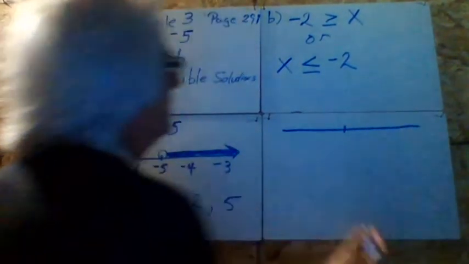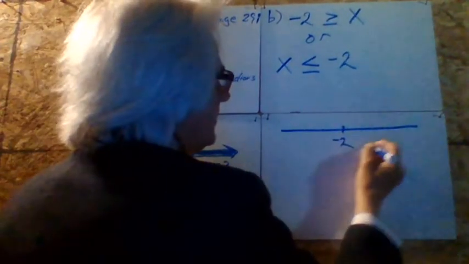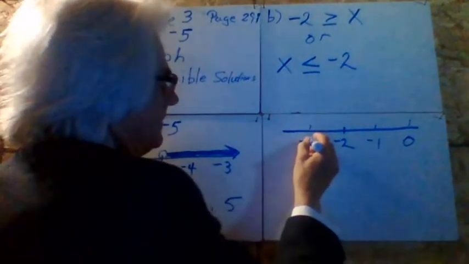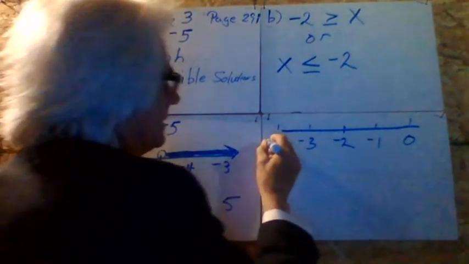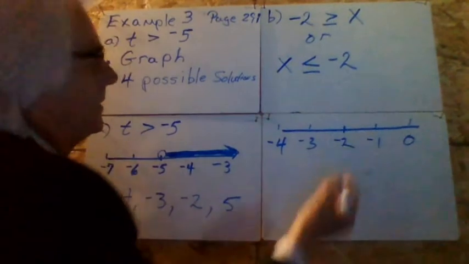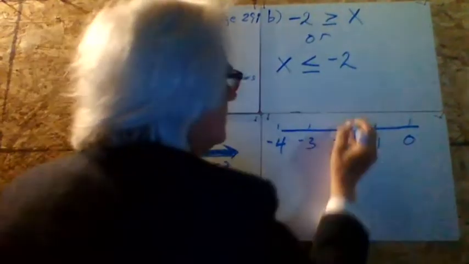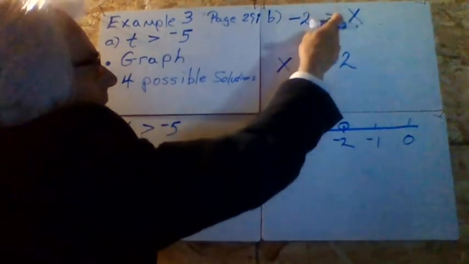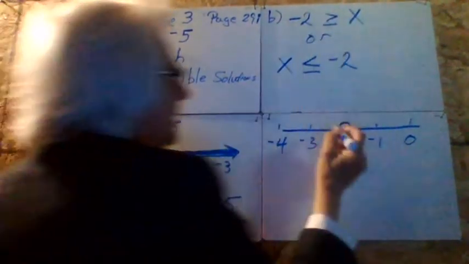Again, I start in the middle. I go with -2, -1, 0, -3, -4. So I go to my -2, put my circle in. Because it's greater than or equal to, the equal is the key.